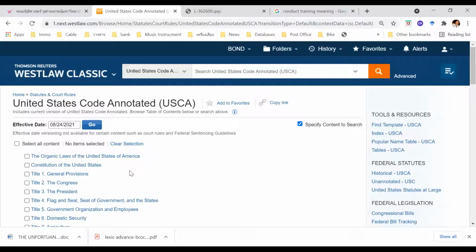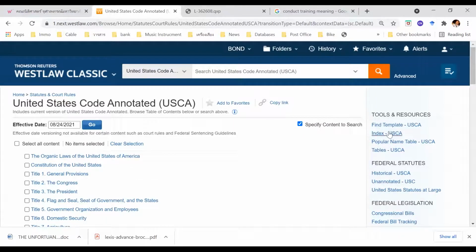Westlaw says, if you start with the topic abortion, you can find in another way which title is related to your legal topic. Westlaw says just use the reverse way. Like you open a book, but you turn it and start from the back, because you search from the index.